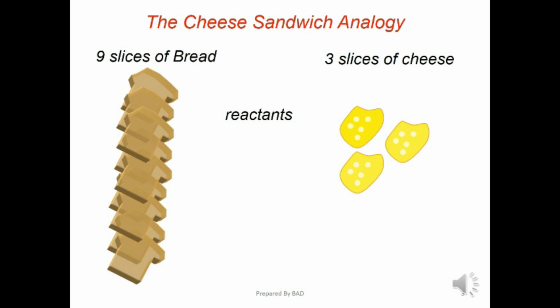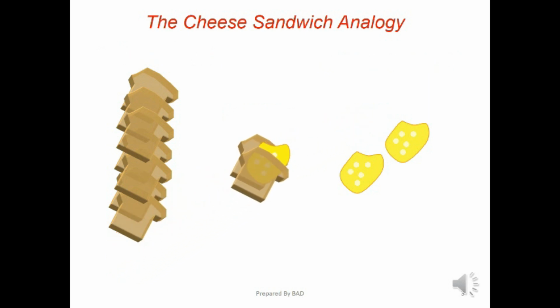Let's say we have 9 slices of bread and 3 slices of cheese. Which one is the limiting reactant, bread or cheese? Let's figure out the answer. 2 slices of bread need 1 slice of cheese to produce the first cheese sandwich.